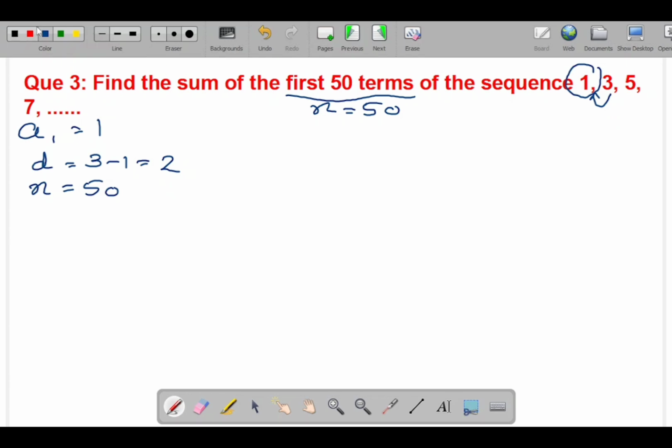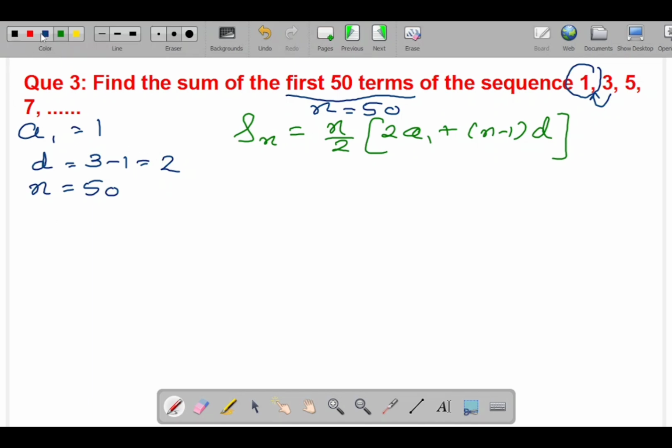So we will use this formula, that Sn equals n by 2 into (2a1 plus (n minus 1) into d). See here, I am not using the formula which we have used in our previous sum. Why? Because we do not have the 50th term, right?